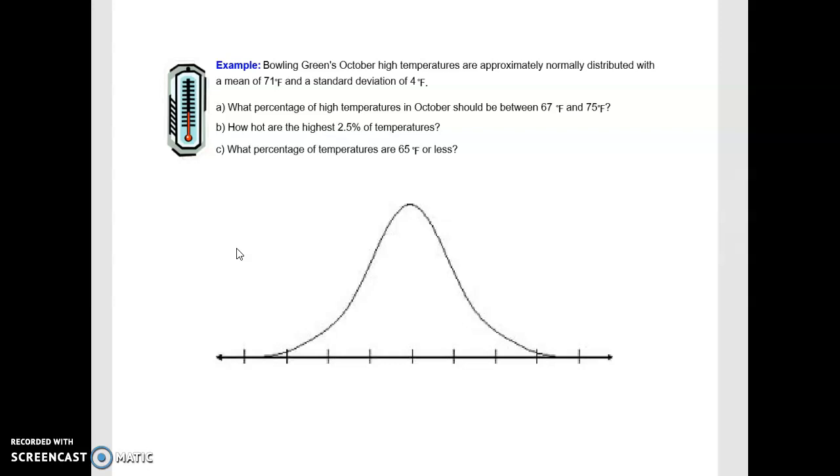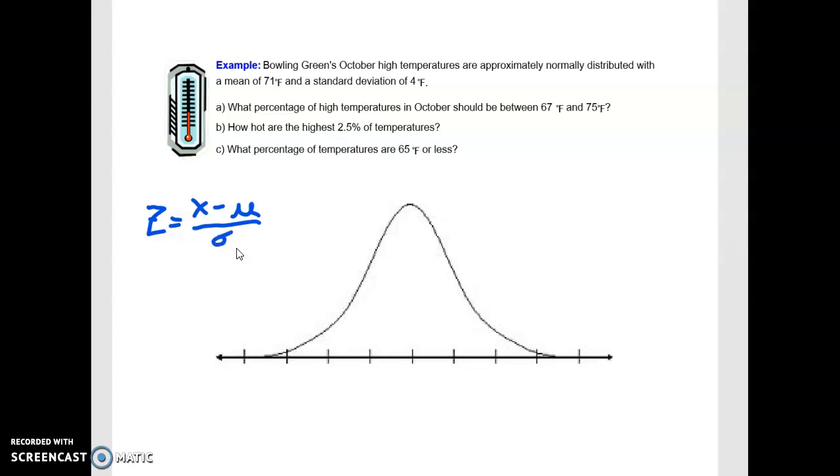The z-score, from your notes, is z equal to your x score minus what your mean is, which we'll call mu, divided by the standard deviation.